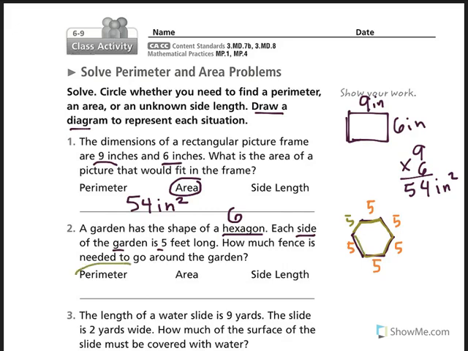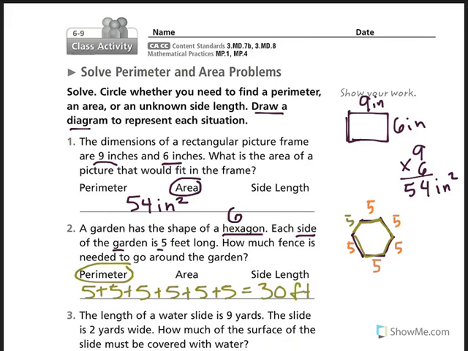So we got the perimeter, because it says how much fence is needed to go around the garden. So all the way around is the perimeter, and it's 5 plus 5 plus 5 plus 5 plus 5 plus 5 equals 30 feet.